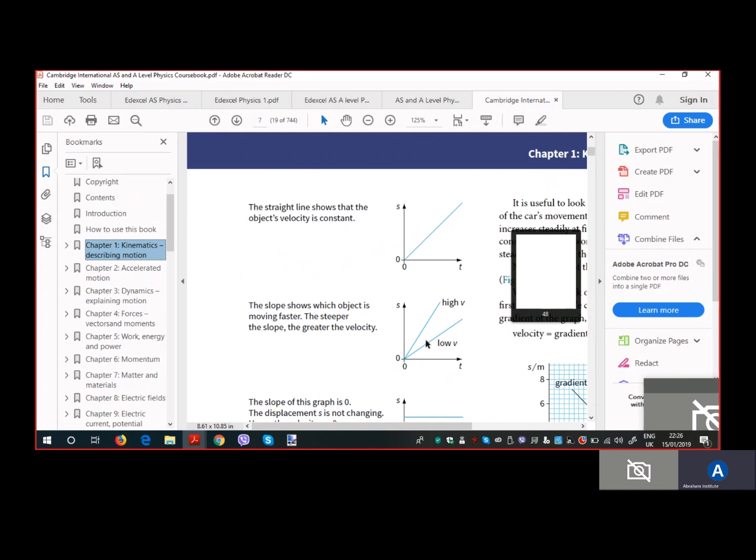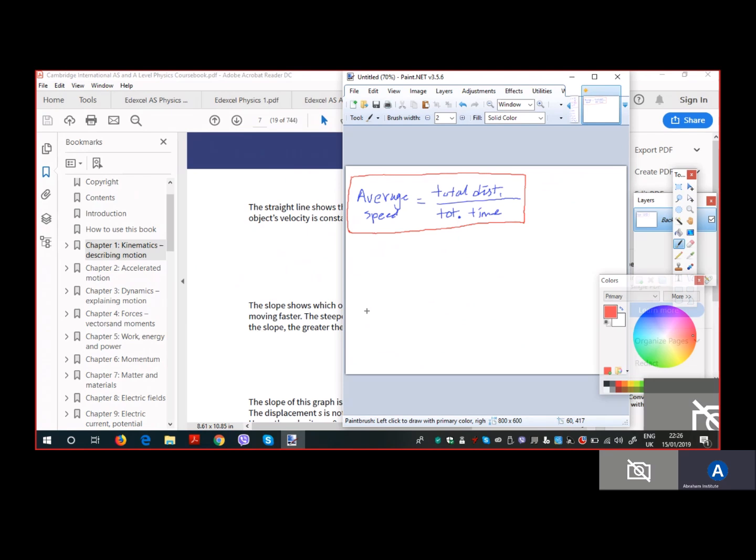Okay, you would have learned that if you have a line going this way, then what do you say? The gradient is positive. Okay, so here the gradient is positive. If it's like this, the gradient is zero. If it's this way, the gradient is negative.